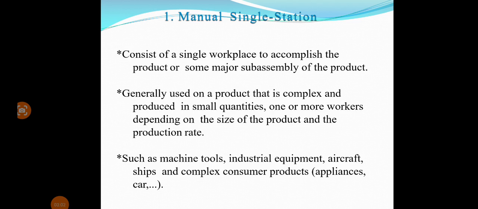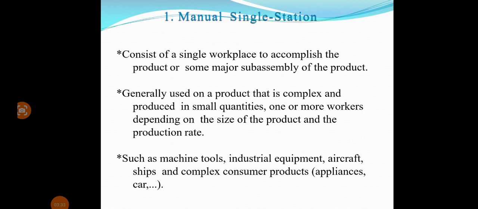Here there is no need to operate a machine. The main point is that only one station is considered. A station means where the work is processed. That work process may be the assembling of individual elements to get the new entity. That is the main role.